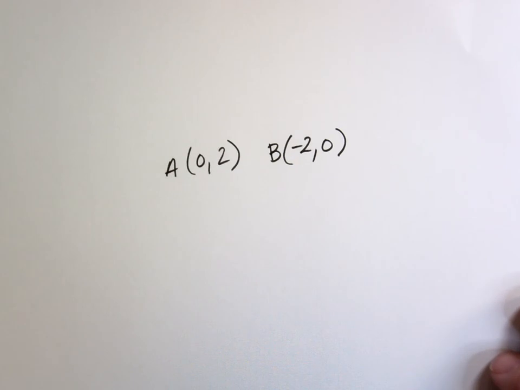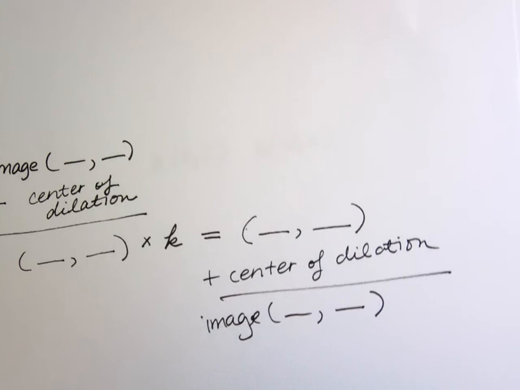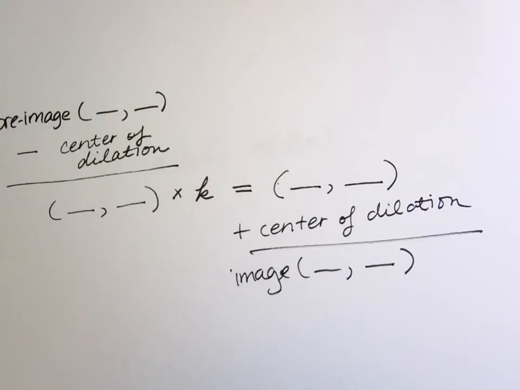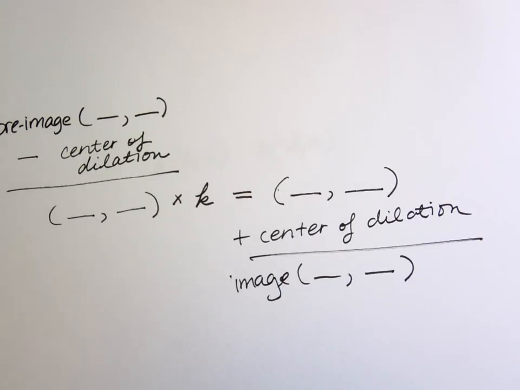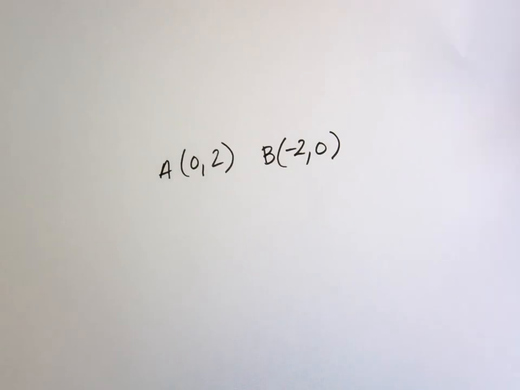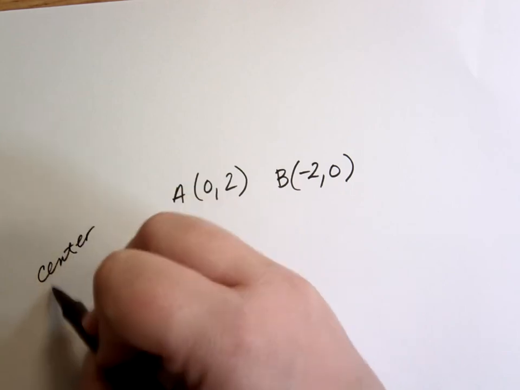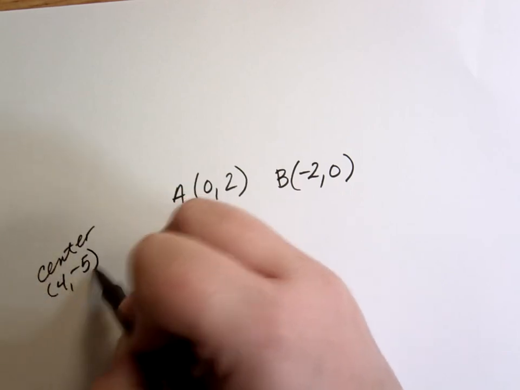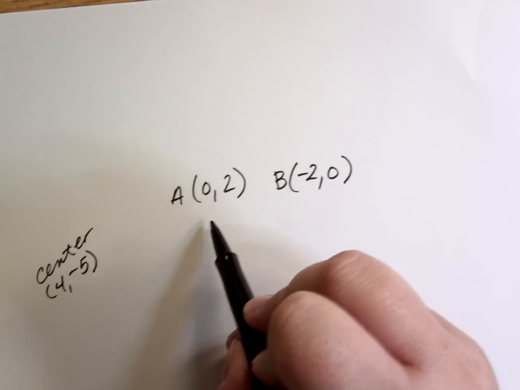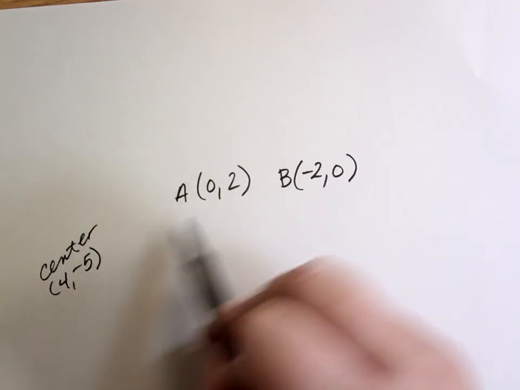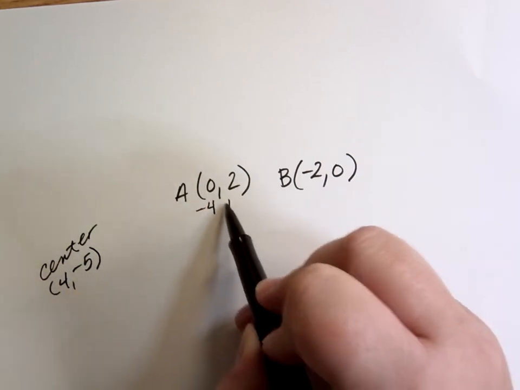I'm going to use those 2 points and do this process to each of them, and then find the line through those new points. My center of dilation is 4, -5. So I'm going to start out by subtracting 4 and subtracting -5. That's -4 and that's +5.